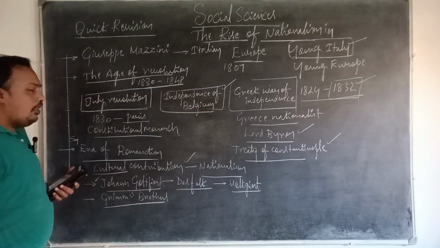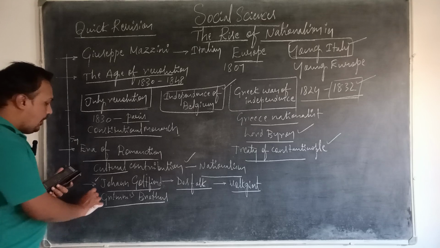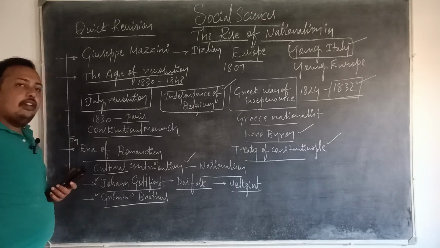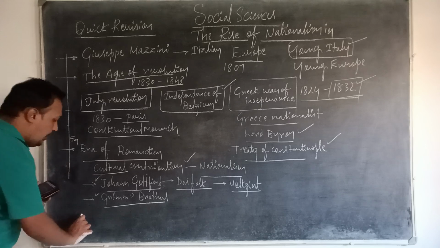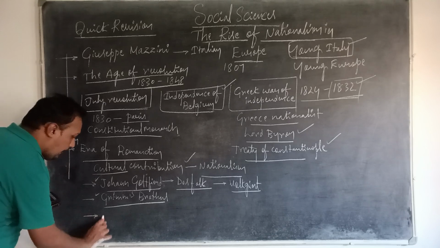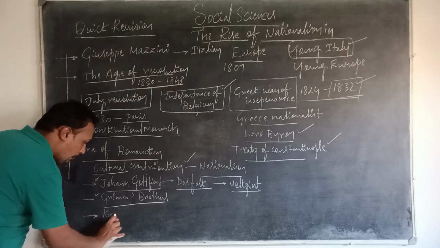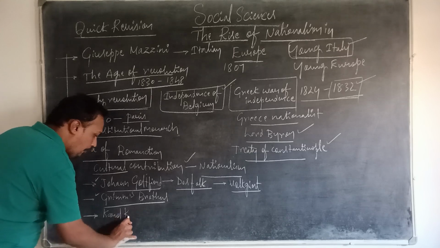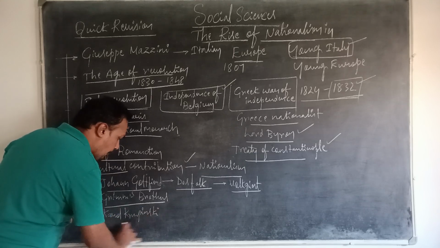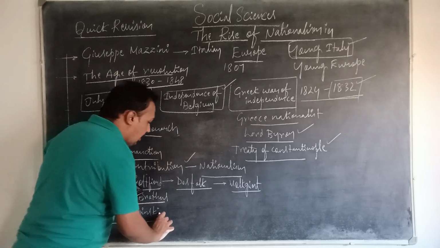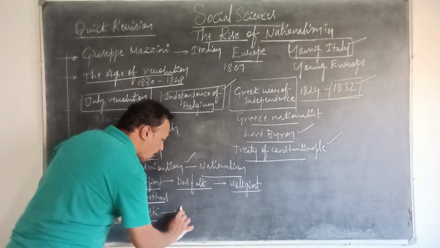Okay. Grimm's brothers collected the fairy tales by traveling across the different villages of Germany. And another one is Karol Kurpinski. Operas and music. He celebrated the national struggle through what?